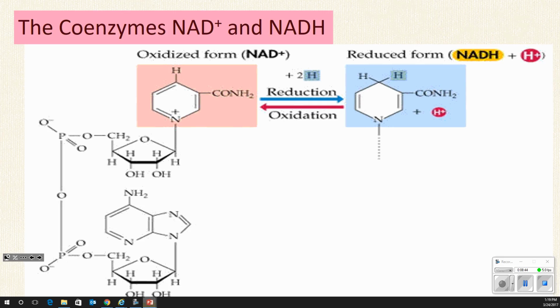Okay, so then we go on to this next part where we have the coenzyme NAD+ and NADH. The oxidized form is NAD+, and the reduced form is NADH plus H+. So as we're going back and forth, depending on if we're going through oxidation or reduction, it's just changing that top part. If you'll notice up here, it's highlighted in blue, right here.